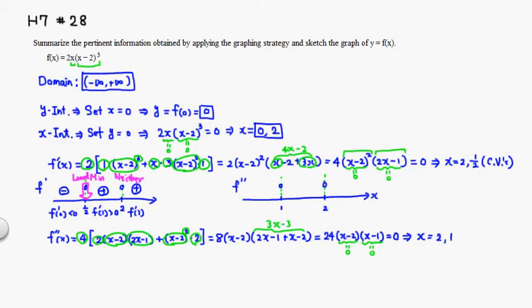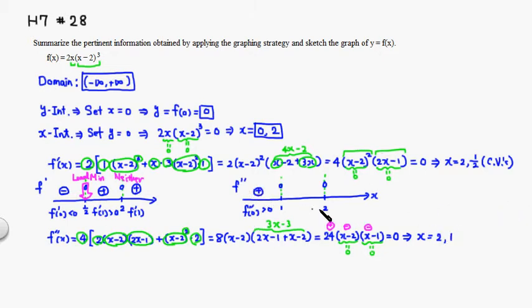Right, so we just need to look at the sign. So any number less than 1, so I'll try 0, f double prime of 0. Right, so plug in 0 here. So that's going to be negative 2, so that's negative. 24 is positive. Right, 0 minus 1 is negative. Right, positive times negative is positive. So we know that the positive here and the positive there.